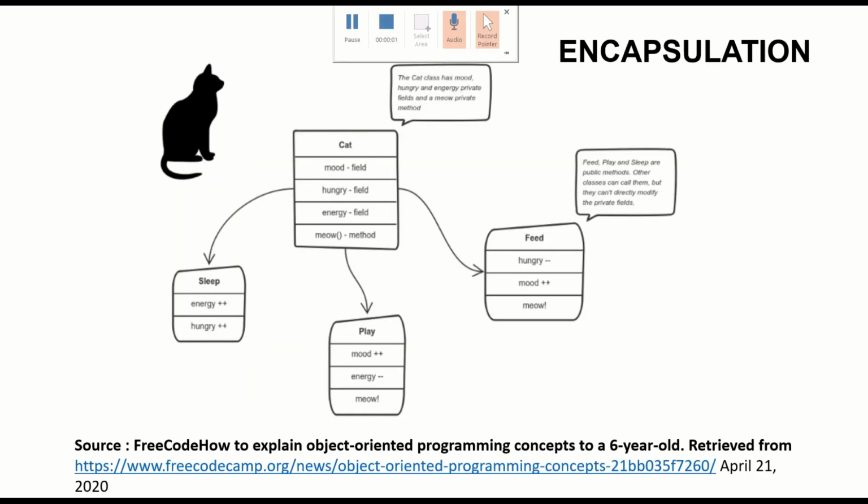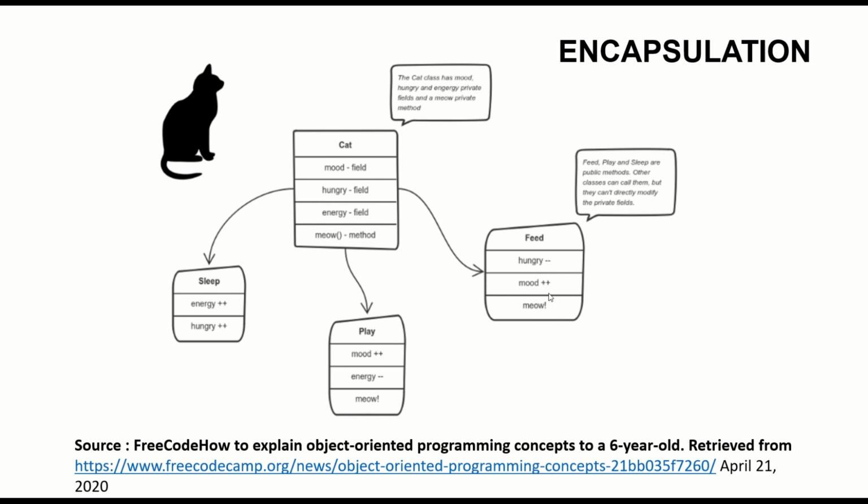For example, we have a cat class here, which is composed of our data members mood, hungry, and energy, set with a private access specifier, also with the meow method. And we have the public methods here: sleep, play, and feed.